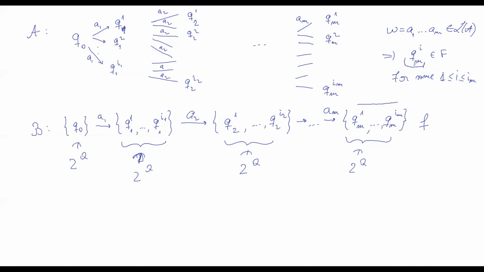And so this one is included in here. So this is a final state in automaton B. And so this whole thing gives us the conclusion that really the word W has got to be in the language of B, because we just built an accepting computation for W in automaton B.